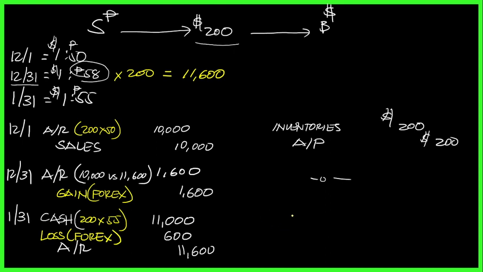In the books of the seller, you will have a debit to accounts payable, which is not affected, $200, and a credit to cash, which is $200. So if you notice, there's no gain or loss here. Why? Because the transaction is denominated in the reporting currency. No gain or loss.